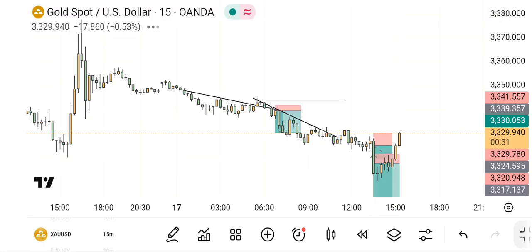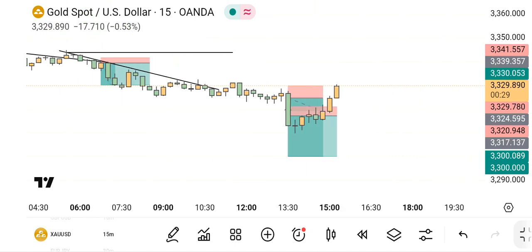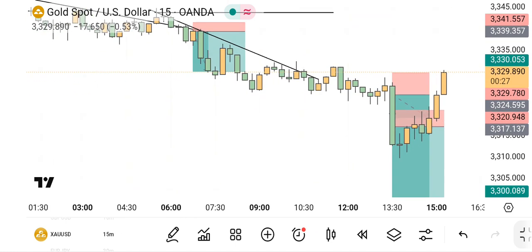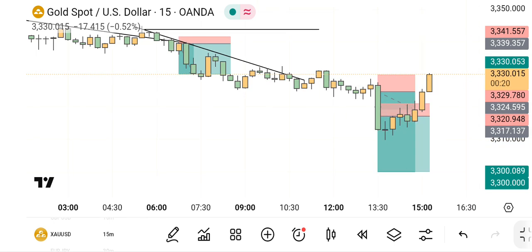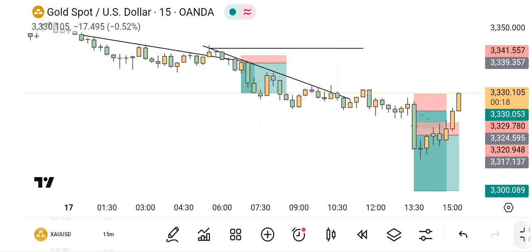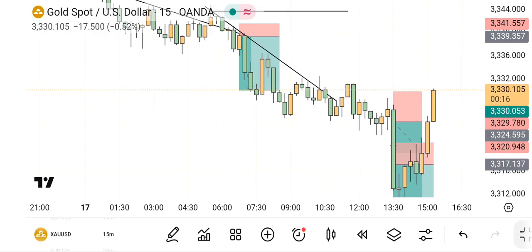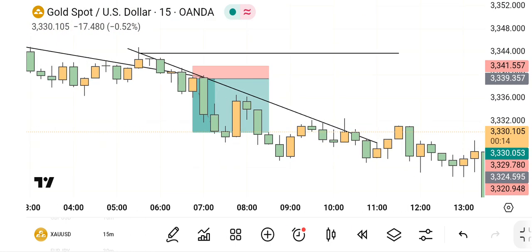I don't know if it's still there. This hit stop loss. I don't even know this trend that I use here. I just place this and this. You see, but this one, the price respected the trend line coming down.